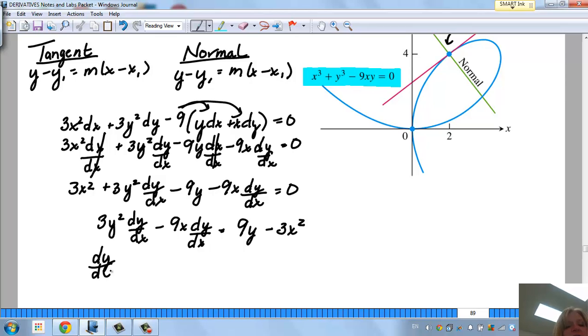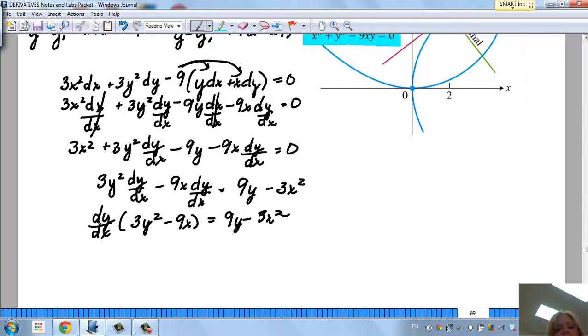So you kind of do the same thing over and over again. So I get (3y squared minus 9x) dy/dx equals 9y minus 3x squared, and then we're going to divide through by that. So I have dy/dx equals (9y minus 3x squared) all over (3y squared minus 9x). Okay, so we found the derivative.